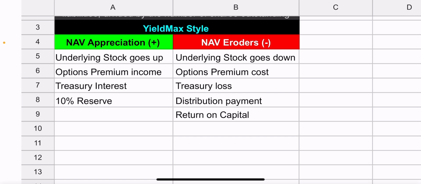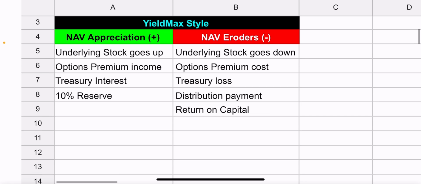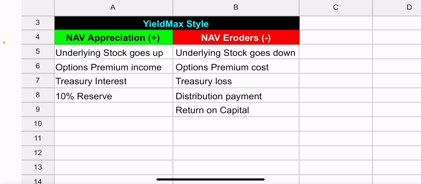So there's going to be a cost to close that. That cost will debit, it'll get added to the liabilities, and it would negatively affect our NAV. So options premium cost is a factor. This is why we typically want them to sell calls a little more out of the money, so our options premium cost to close out these old positions won't be too much.